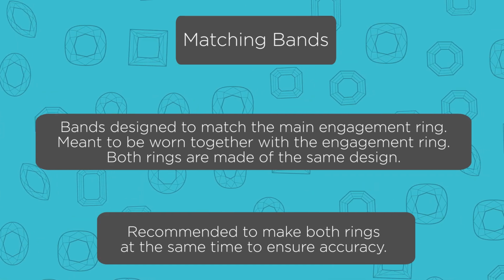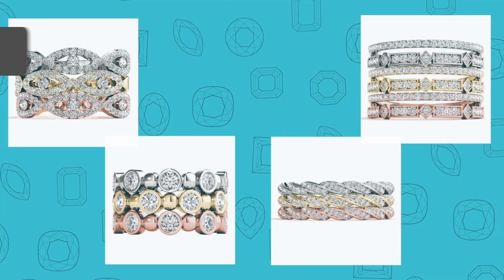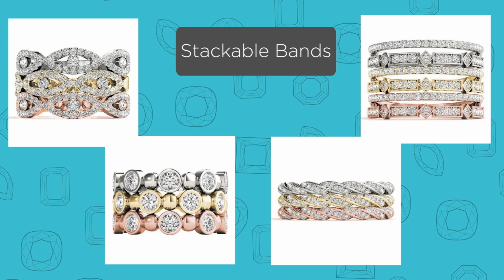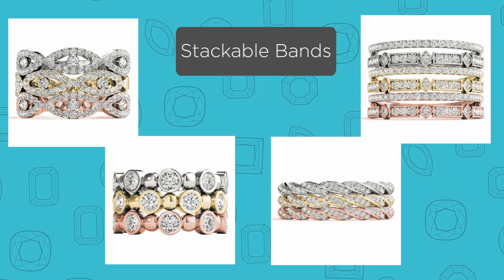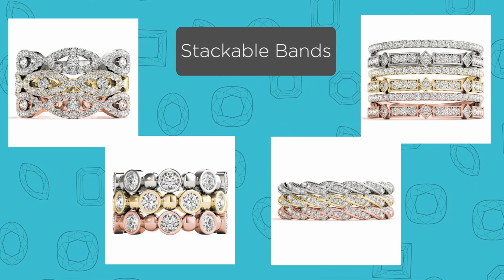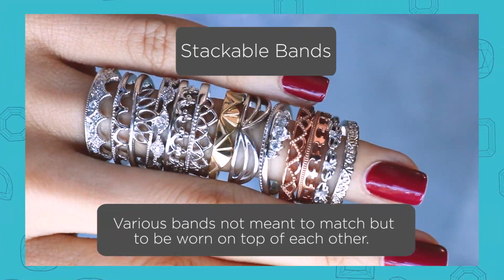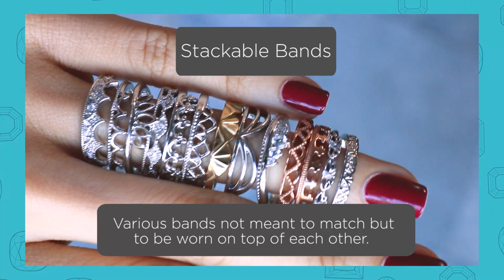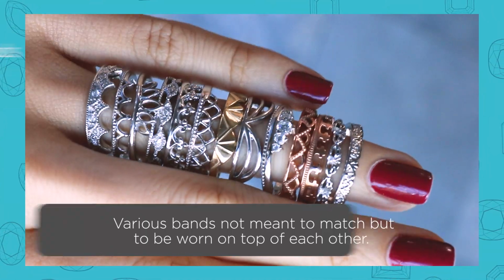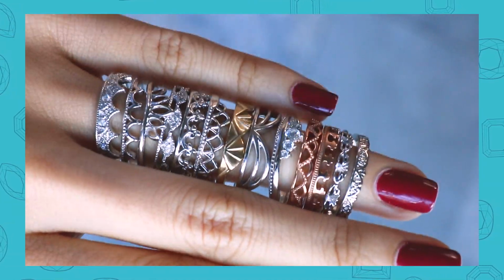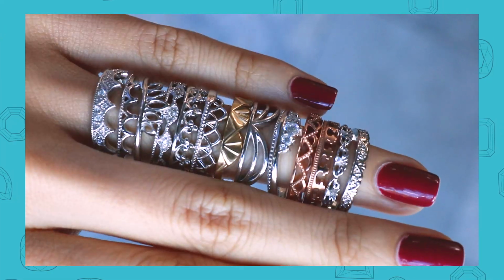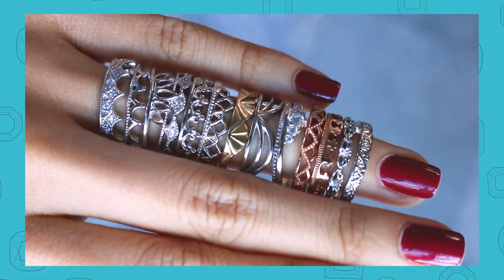Now the 6th and final type of band is considered the stackable band. What is a stackable band? All that means is that if you are into fashion and you like to wear jewelry for the sake of wearing jewelry, it doesn't have to be for engagement, wedding, anniversary, or anything like that. Many people do wear rings and stack them amongst each other. It doesn't have to match. It could be of different metal colors, from rose gold, white gold, yellow gold, palladium, platinum, silver, or anything like that.